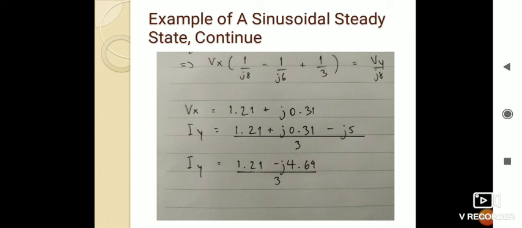Iy is equal to (Vx minus J5) divided by 3. To simplify that, we get Iy equal to (1.21 minus 4.69J) divided by 3.